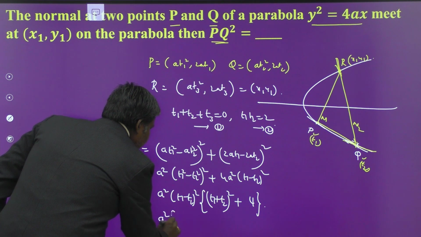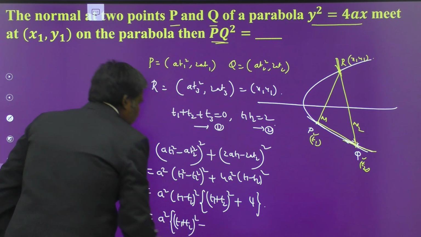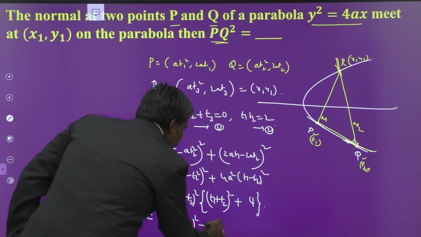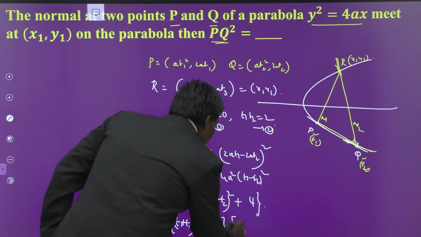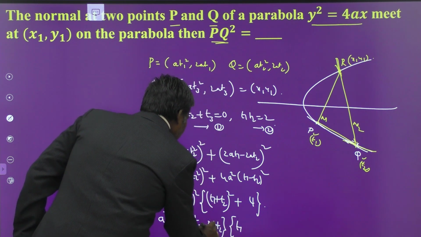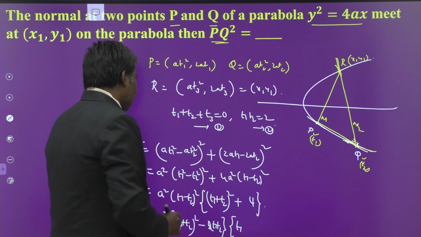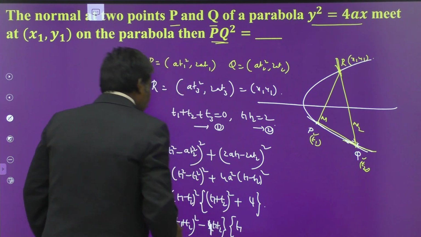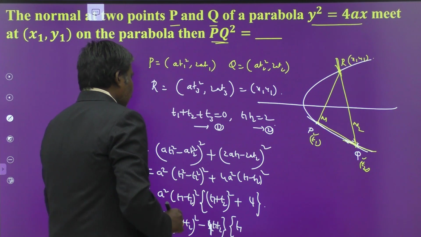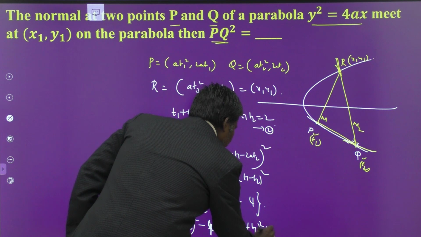This is nothing but a square into ((t1 plus t2) whole square minus 4t1 t2) into ((t1 plus t2) whole square plus 4).